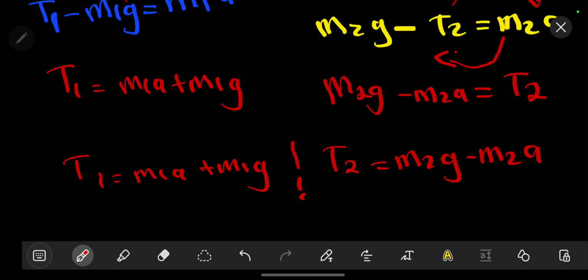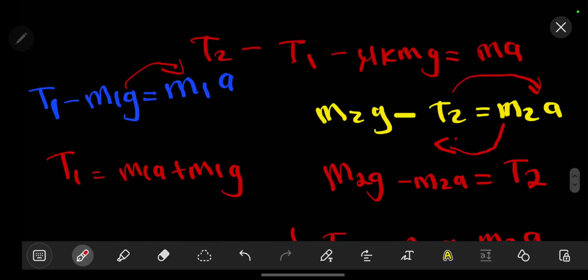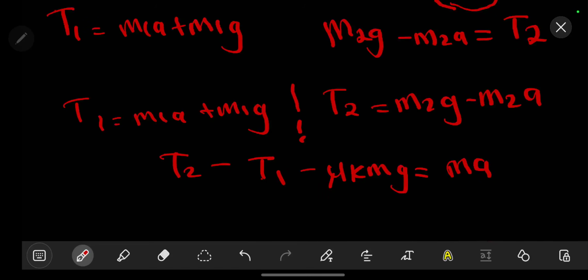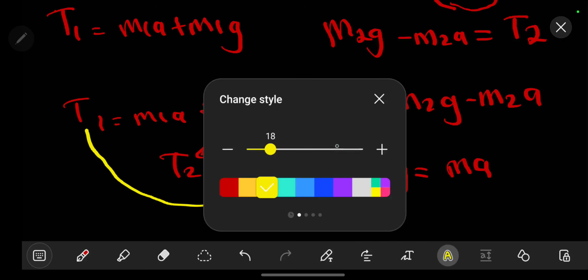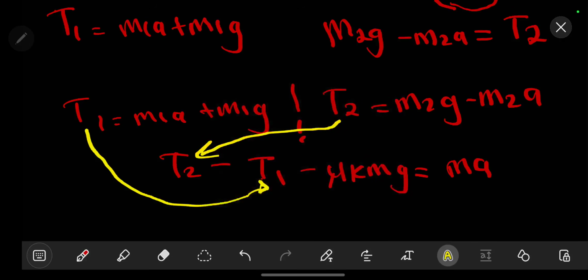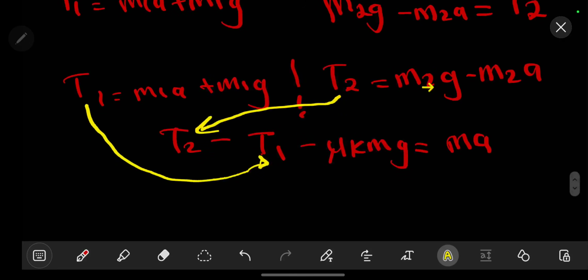So this is what we have, and in the main equation, we get T1, put it there, also get T2, put it there. So T2 is equal to M2G. Where there is T2, you are going to say M2G minus M2A.